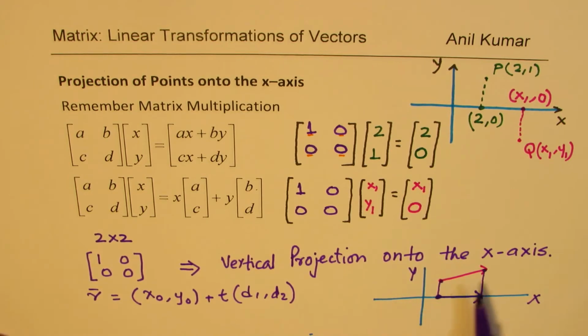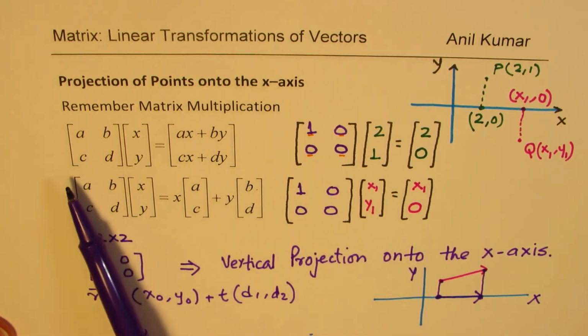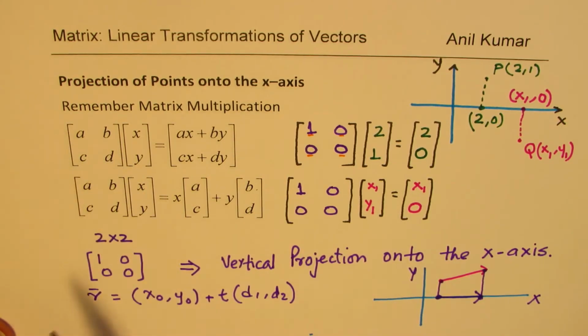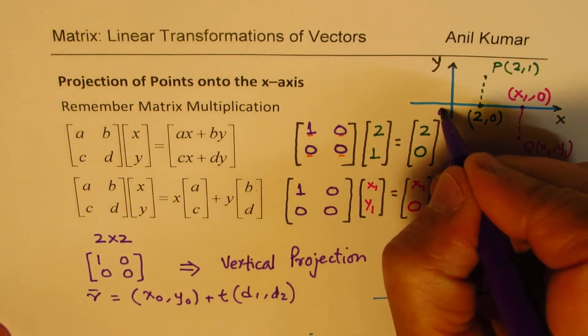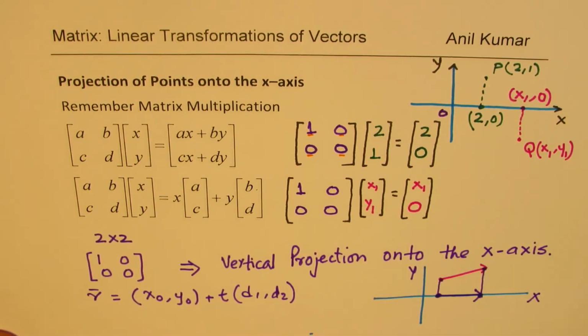Since every point will be projected on the x-axis, the 2 points defining a line will define that line on the x-axis. Does that make sense to you? So I hope this concept is clear and simple. So projection on the x-axis basically means looking into this transformation matrix where A is 1 and all others are 0. Correct? So with this idea, let's move on and understand what is projection on the y-axis then.